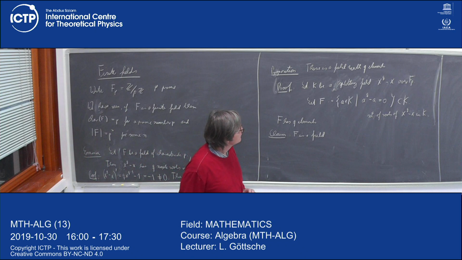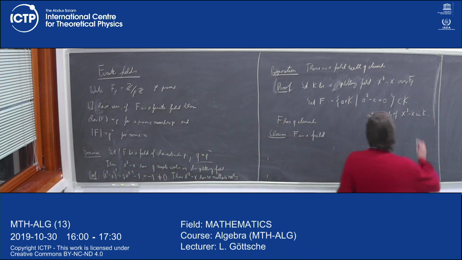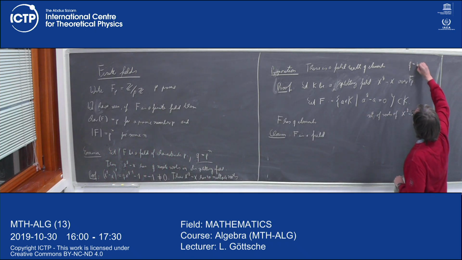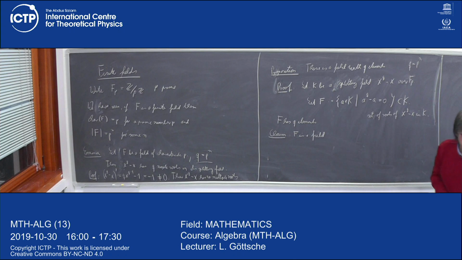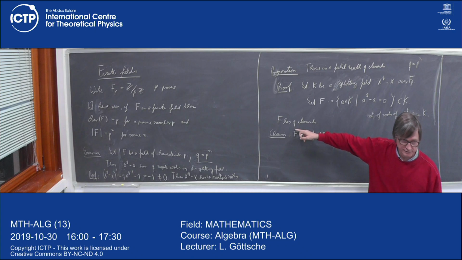The order of F is P power m. I always write Q for P to the n, it's just a shorthand. We want to show that this F is a field with P to the n elements. It has Q elements, and now we want to show it's a field.